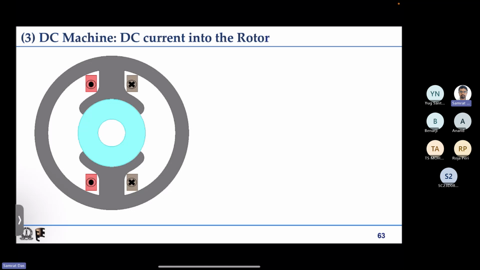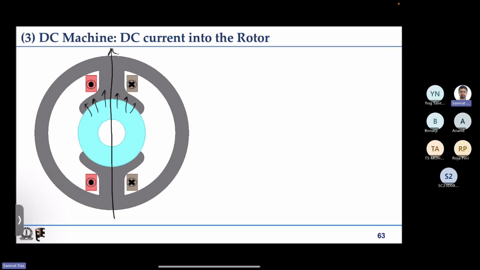So in this case, what we have, DC machine, stationary magnetic field, how to produce, we already know. We have some stator coils, we inject some DC current into that, dot cross, there will be some magnetic field, magnetic flux will be flowing like this.